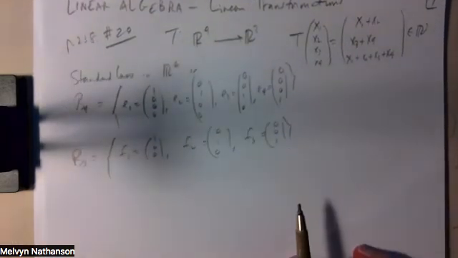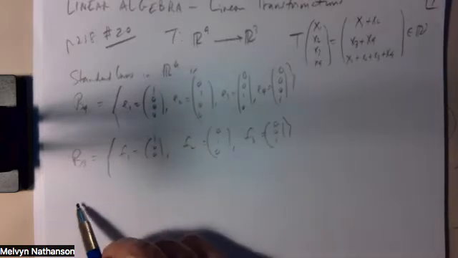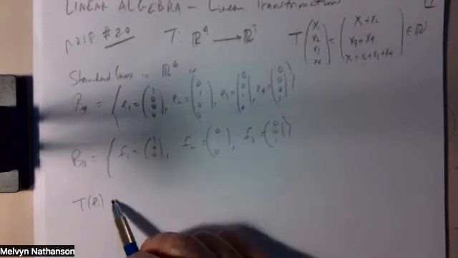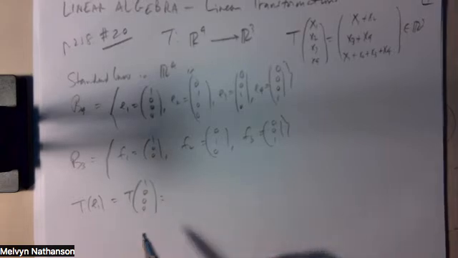So to calculate the matrix for T, we have to know how T acts on each of the basis vectors. So T of E1, which means T applied to the vector 1, 0, 0, 0, what is that?